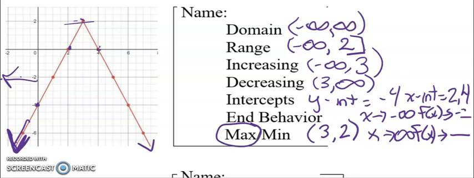So it is going to negative infinity. Do you notice that the other side is going in the same direction? So whether x is going negative infinity or positive infinity, this graph is moving down to negative infinity on the y. So, as x approaches negative infinity, f of x approaches negative infinity. As x approaches positive infinity, f of x approaches negative infinity.